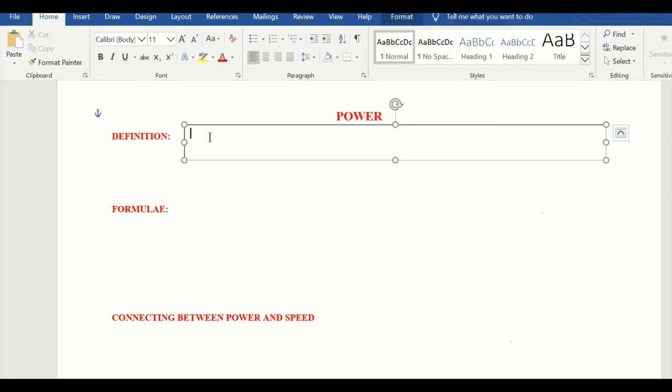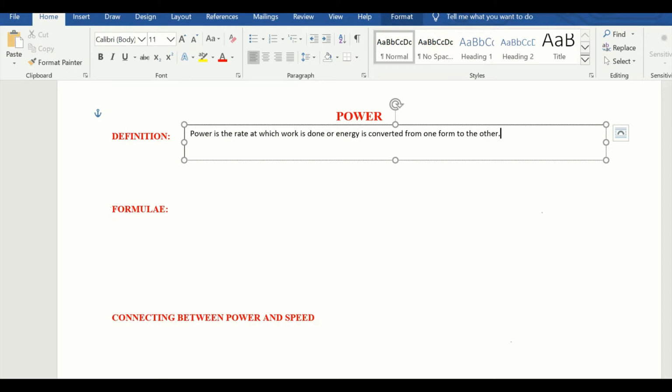Power is defined as the rate at which work is done or energy is converted from one form to the other.